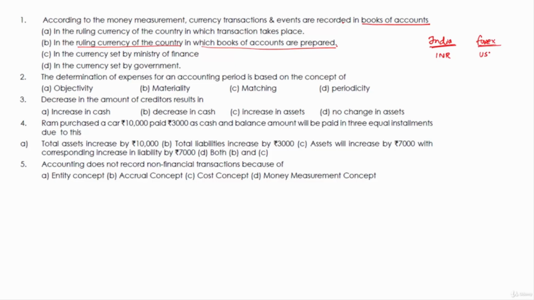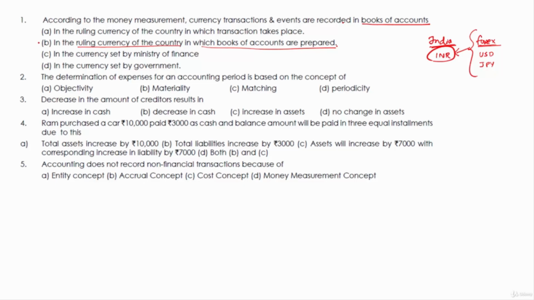They may have transactions in USD, they may have transactions in JPY, whatever, but everything has to be converted into Indian rupees, for the reason that the books of accounts are prepared in India, and the ruling currency where books of accounts are prepared is INR.